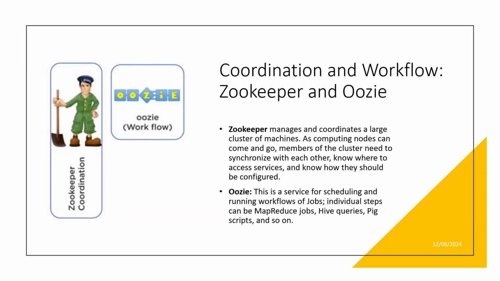One is Oozie workflows, which consist of MapReduce jobs, Hive queries, Pig scripts, and so on. And then you have the Oozie coordinator, with which you can create predefined schedules, right? And also you can focus on the availability of the data.